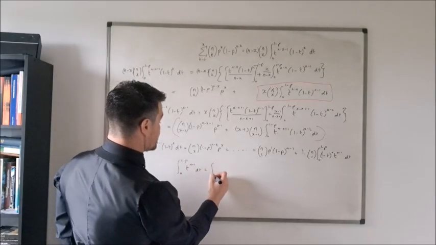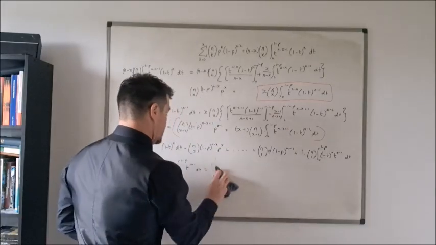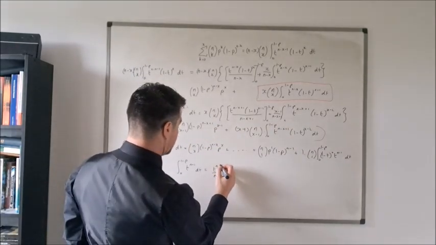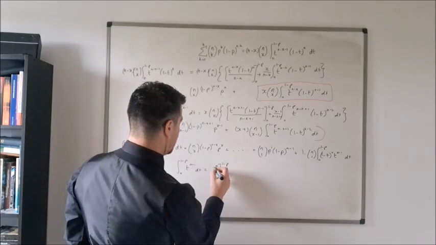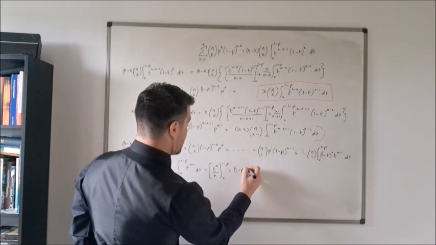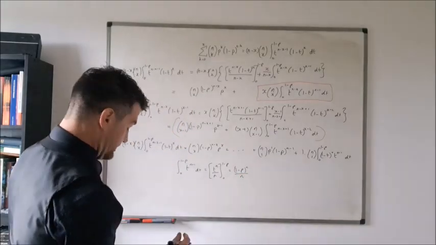This is going to be equal to, sorry, not integral, it's going to be t to the power of n over n between 0 and 1 minus p, which is 1 minus p to the power of n over n.